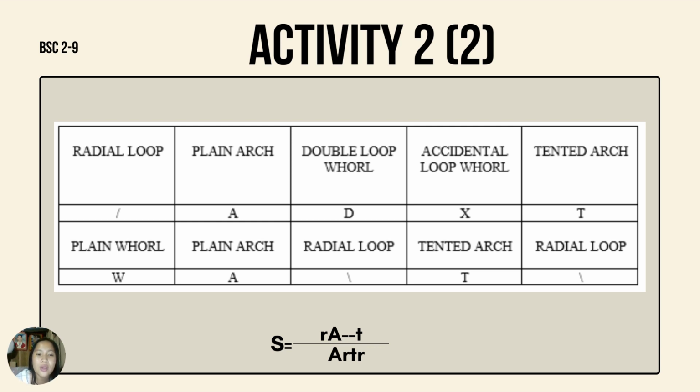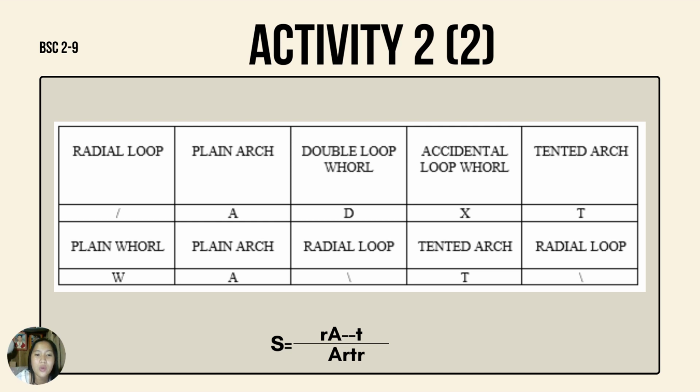Radial loop is included in rat, so we write R in small letter. Double loop whorl is not included, so we put a dash. Accidental loop whorl is not included in rat, so we put a dash. Tented arc is included in rat, so we write the letter T in small letter. For the left fingers, plain whorl is not included in rat, so it is left blank.